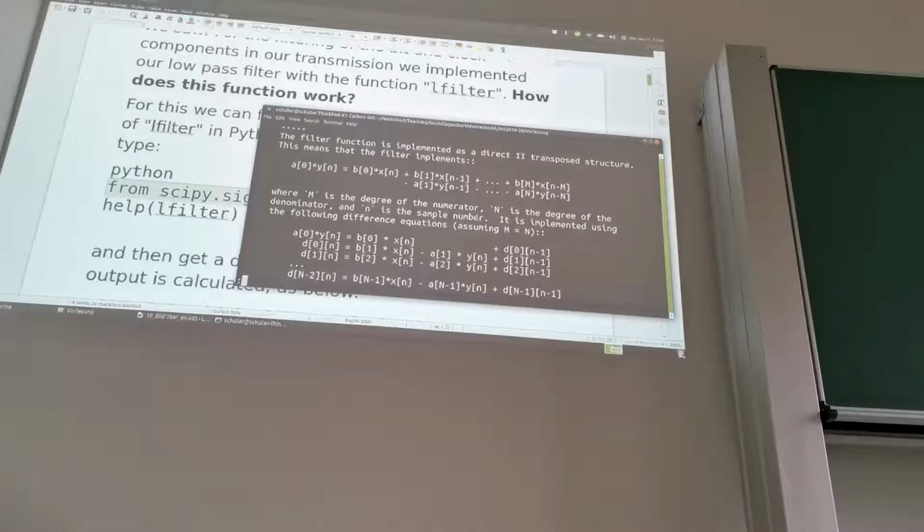So basically, this explains everything about the filter in principle. But maybe it's not so obvious just looking at this formula. And that's why I want to take a closer look at what a filter is actually doing. So this is the key formula here.